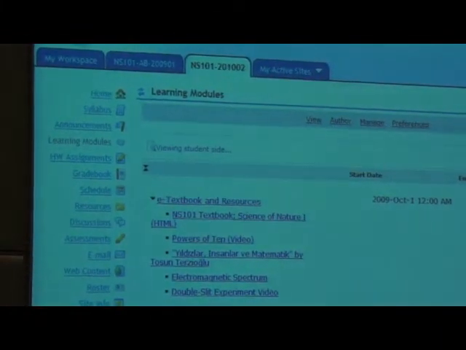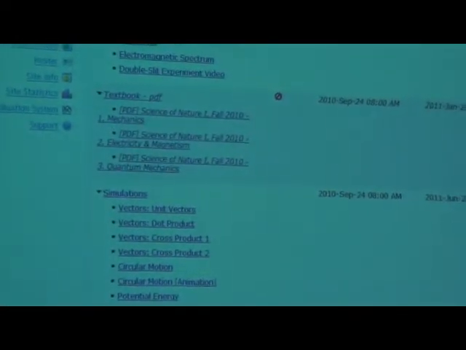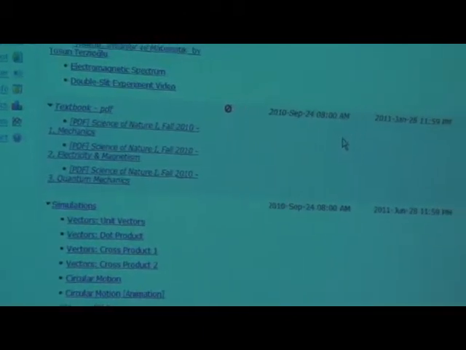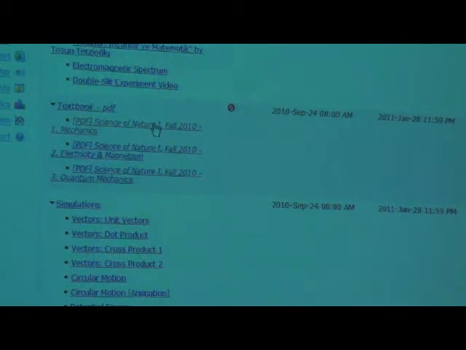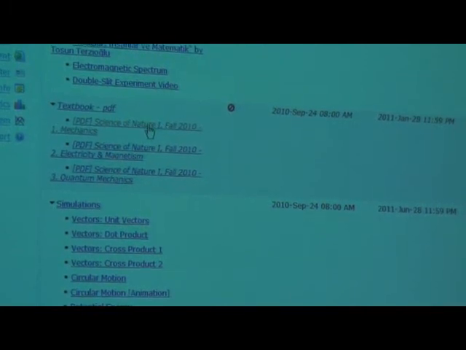If you click learning modules, we will put here various materials for the course. And the draft textbook is here.